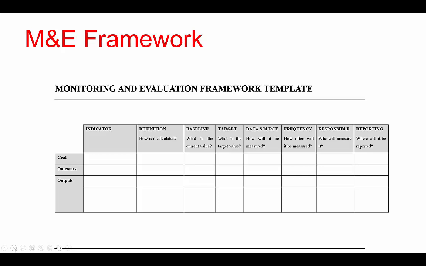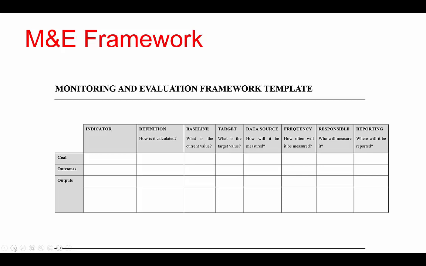Now, the M&E framework, as you can see in front of you, is what helps us do M&E activities effectively. Now, as you can see, this is the matrix. This is the template that you use. You can contextualize the template. The actual template is in the description below, so you can click the link to access it and you will be home and dry. You can use this in your organization.